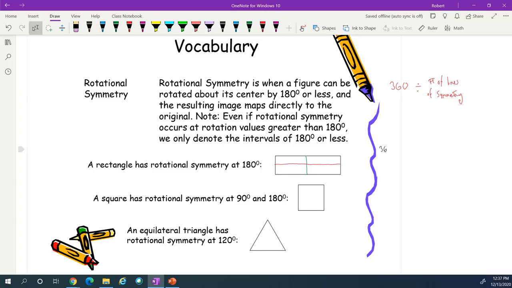So 360 divided by 2 equals 180 degrees of rotational symmetry. Meaning every 180 degrees, the figure lands right back on itself.